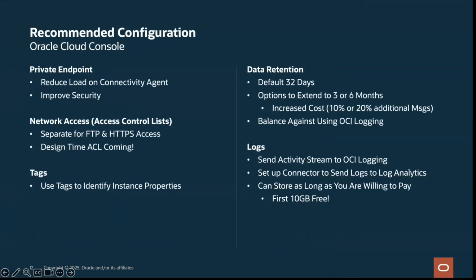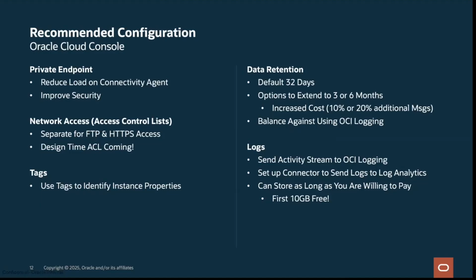Some additional recommended configurations. We talked about private endpoints. This reduces the load on the connectivity agent, improves the security of your environment. We talked also about access control lists. You can have separate access control lists for FTP and HTTPS traffic.